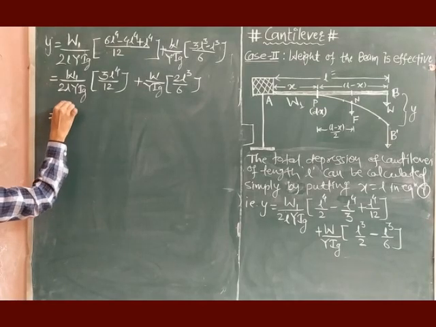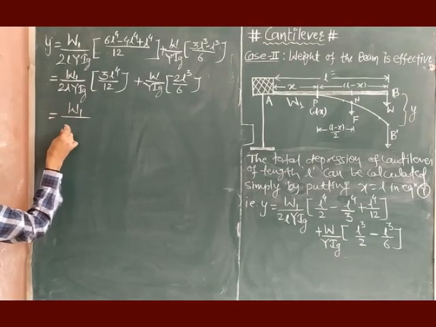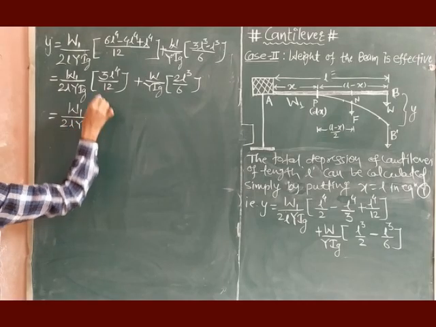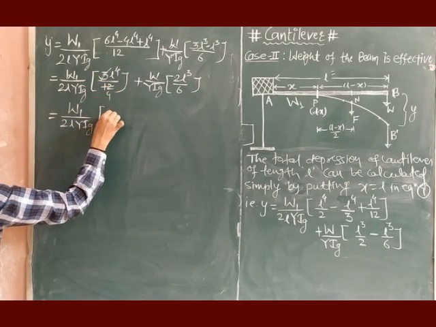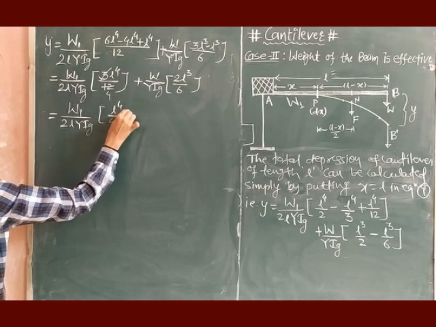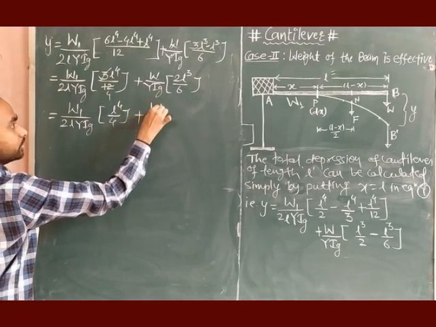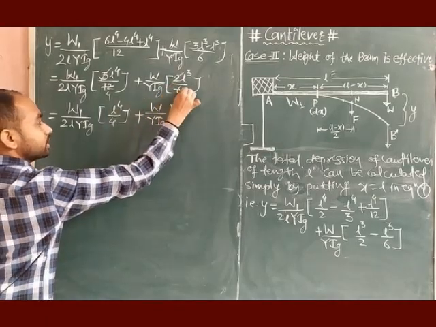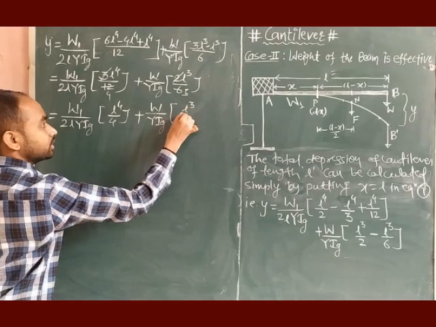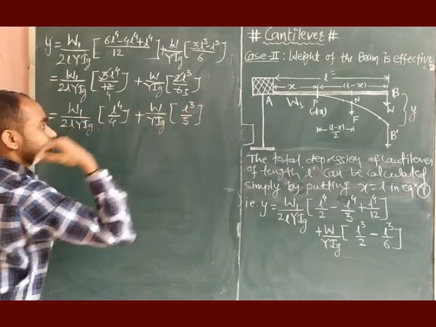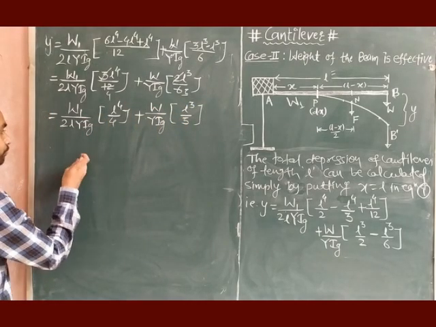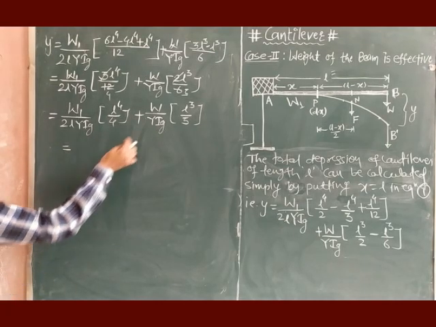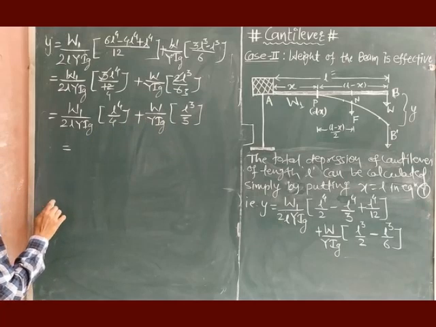Now very close to our answer. W1 divided by 2LYIG in bracket, what remains is 3 4s are 12, so L power 4 divided by 4 plus W divided by YIG in bracket, 2 3s are 6, so L cube divided by 3, right? Now finally let me write this term first of all, right?